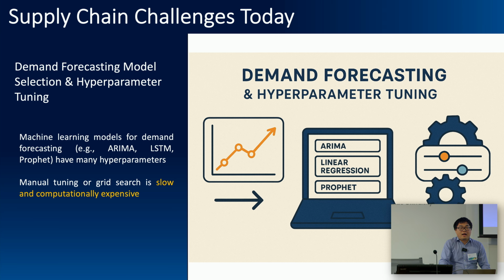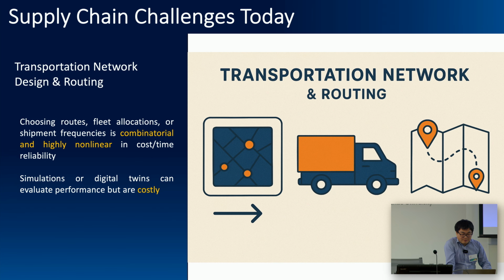Those models can have many hyperparameters, and if you do some ensembling, there are even more parameters. When you do parameter tuning, it can be very slow and, depending on the problem, computationally expensive.